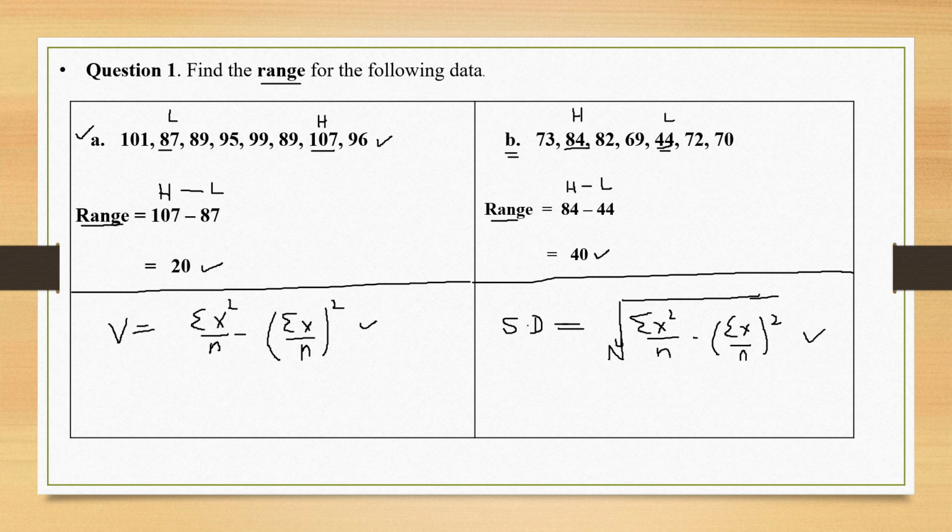This is the formula to find the standard deviation of the data, and the previous one is the rule to find the variance of the data.